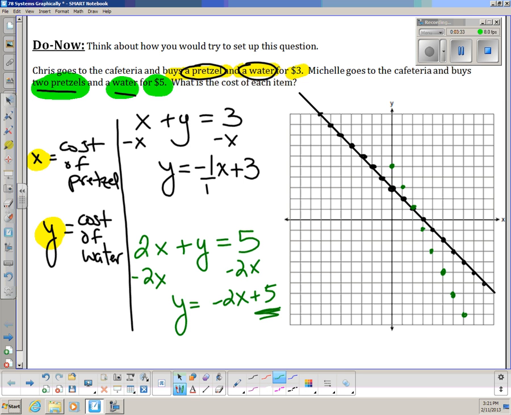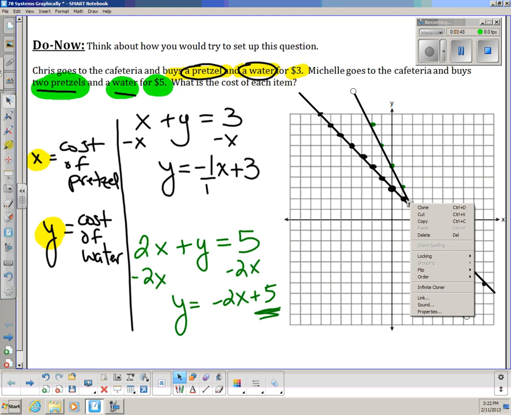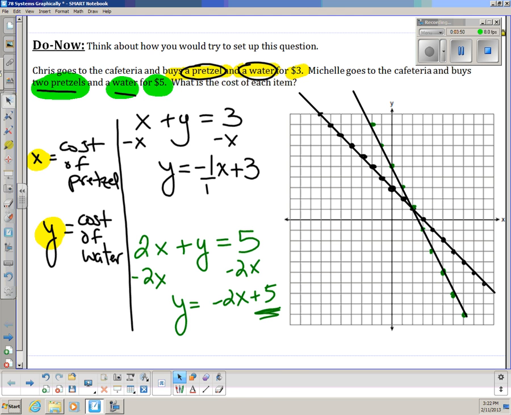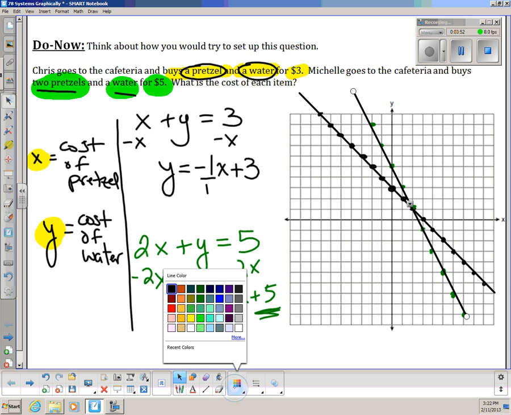And I can also go up 2 to the left 1. And I will get another line. So here is that line. Okay. And I'll put that in green. Actually, that'll be our green line for our green equation.